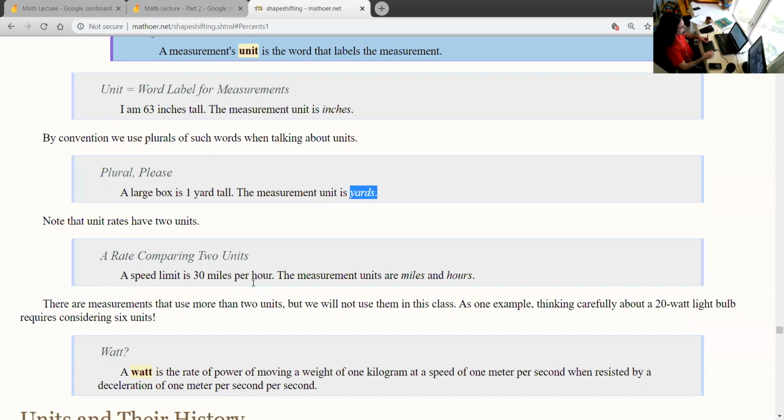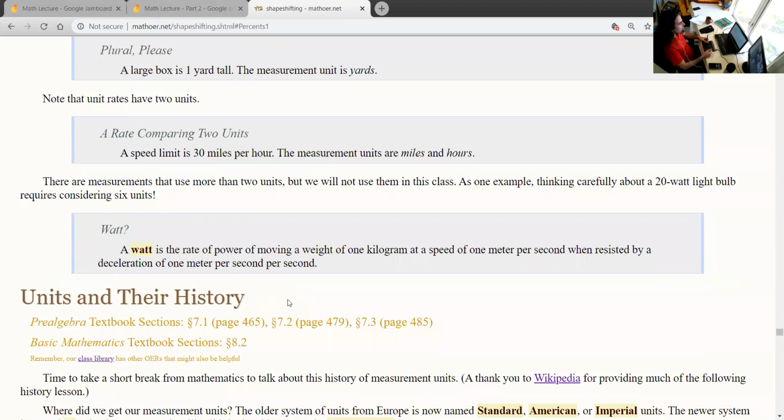Remember that when we have rates, they compare 2 units. So 30 miles per hour has both miles and hours as units. So rates can have more than one. And in real life, beyond Math 20, things get really complex. So for example, the watt, like on your electrical bill, is the rate of power of moving a weight of a kilogram at the speed of a meter per second when resisted by the deceleration of a meter per second per second.